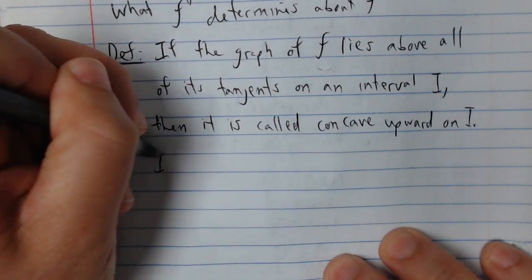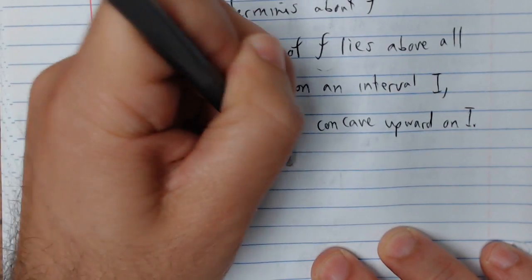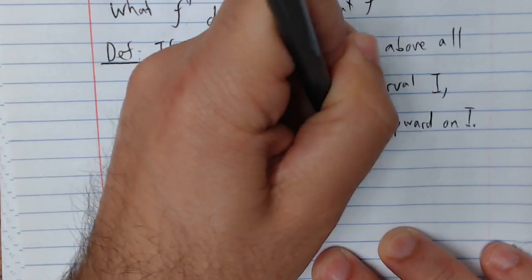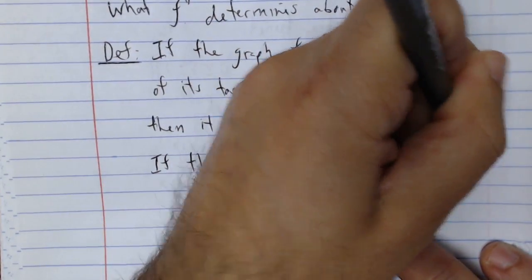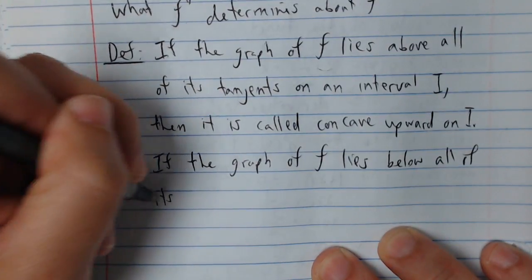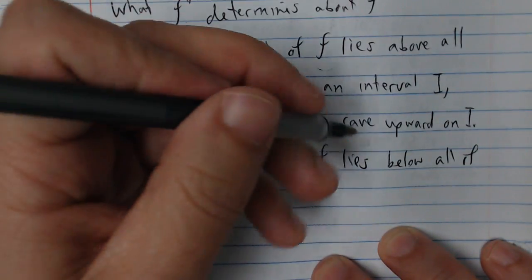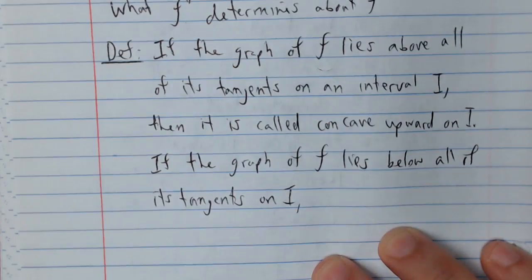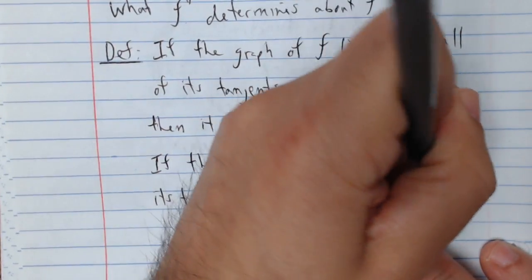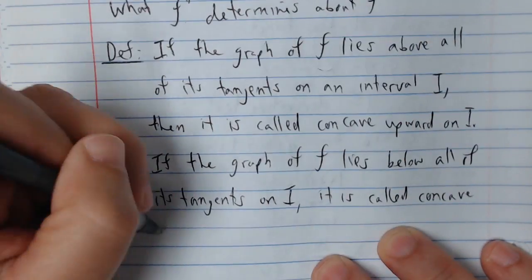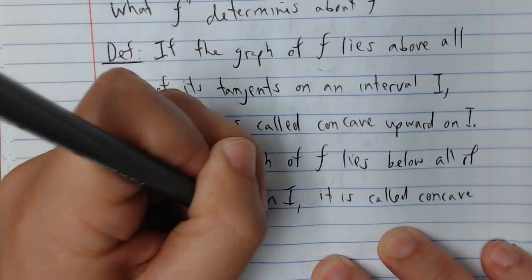So then what we could say is if the graph of f lies below all of its tangents on that interval, it is called concave downward on that interval.